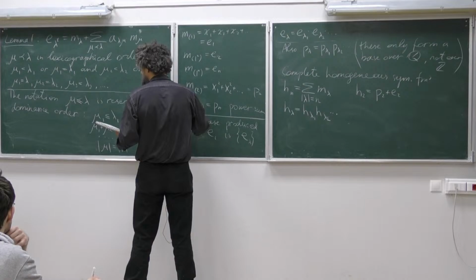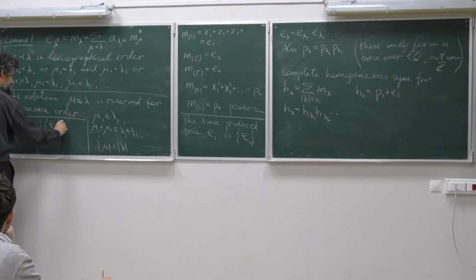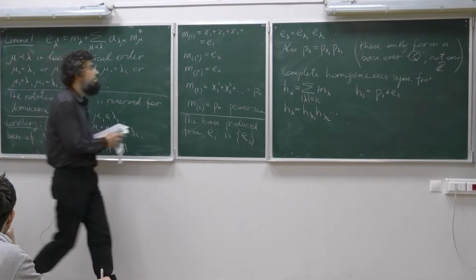Okay, so we will prove this lemma, but at least immediately it follows that those E lambdas form a basis of our symmetric functions ring.